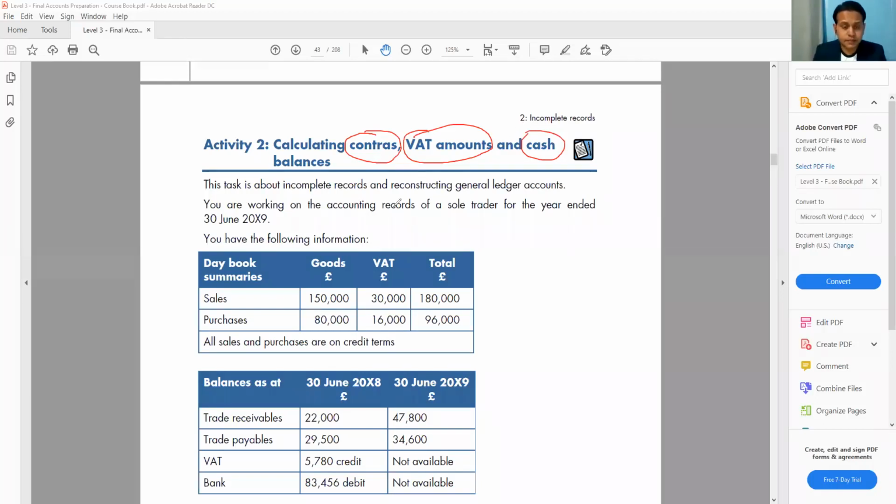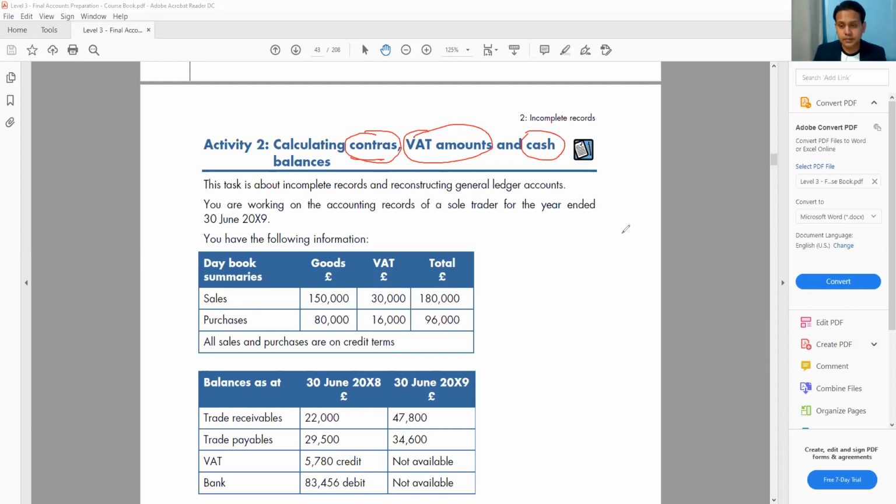Now, of course, I'm sure some of you already know what a contra is. A contra entry happens when the supplier is also our customer. For example, when I buy something from the supplier, I have to pay the money. When the supplier is also our customer, they also owe us some money. So rather than paying the full amount and getting whatever we're supposed to get, we offset each other.